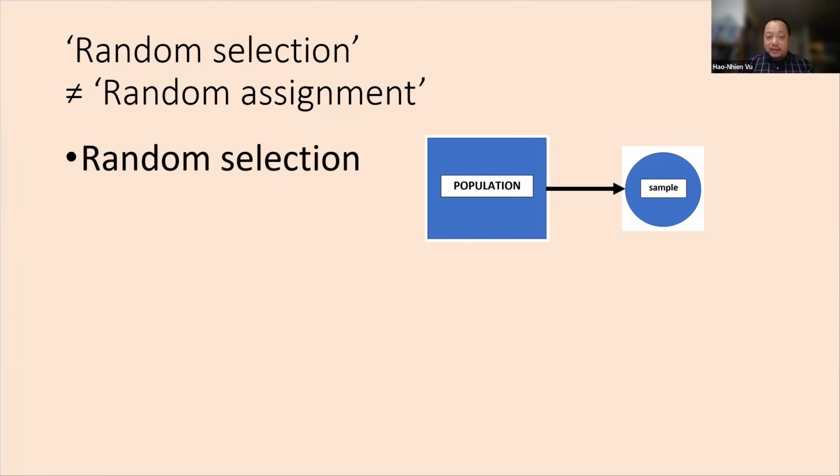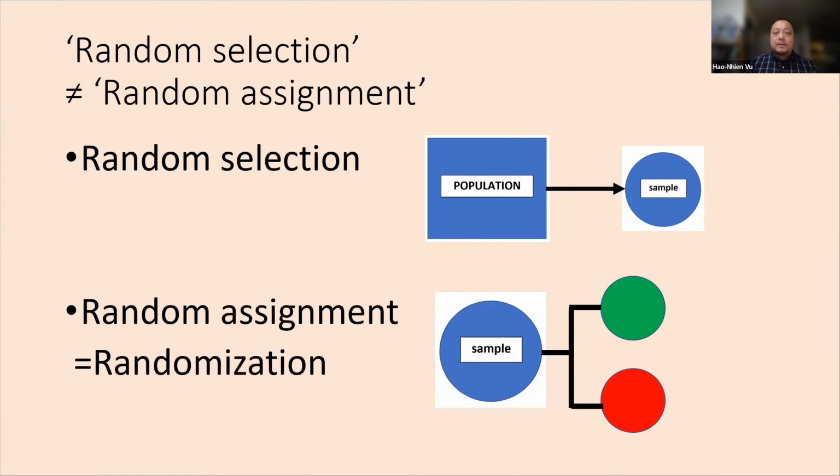That's random selection. Random assignment, also called randomization, is when you already have your sample and you're going to assign them either a placebo or vapor up. That's random assignment. I also have a video about that, so check out the link above.